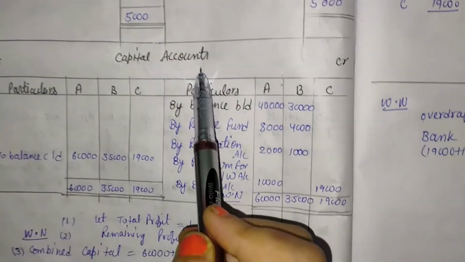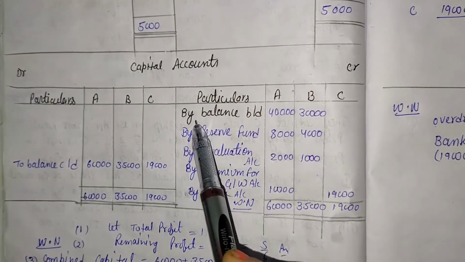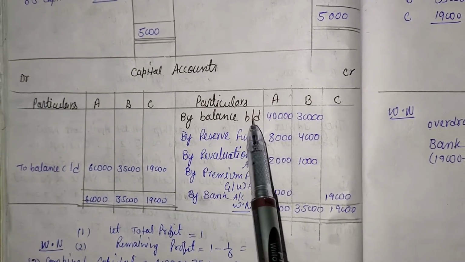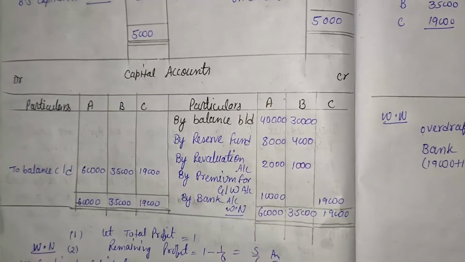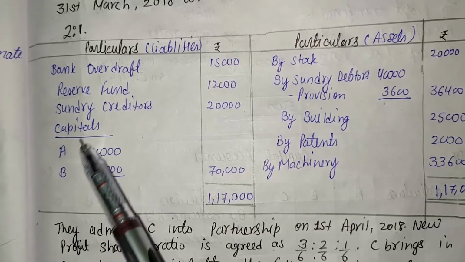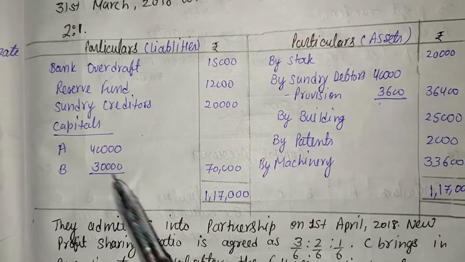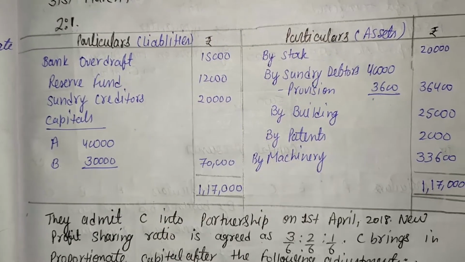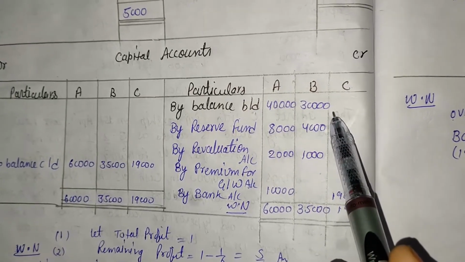First of all, the capital balance is given in the question, and we write it by balance b/d. And what is the value, we can find in the question. Here it is, A's capital and B's capital, rupees 40,000 and 30,000.